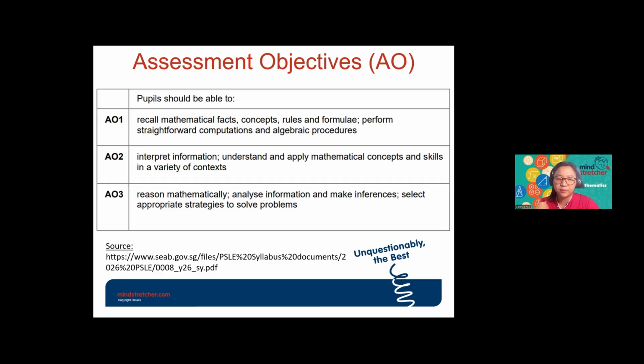This is what they mean by analyze information, make inferences. And you need to select the appropriate strategy. What is the correct heuristics to use? What is the correct problem-solving approach to help you solve this kind of problem? And because this kind of problem is not so straightforward, it requires you to understand the information. It requires you to analyze and choose the correct solving technique.